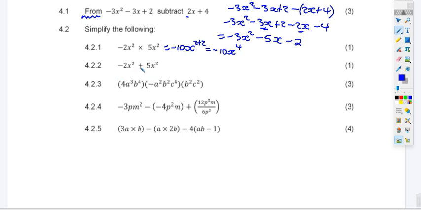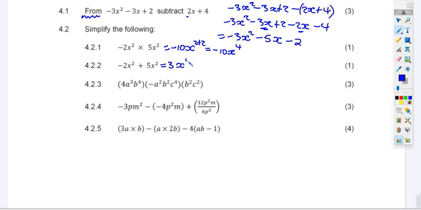And then this one, we do not have a law to deal with this one. The only thing that we have to respect is they have the same variables. So if they have the same variables, we can add the coefficients. So this is going to be equal to negative 2 plus a positive 5. What does it give us? It gives us positive 3.